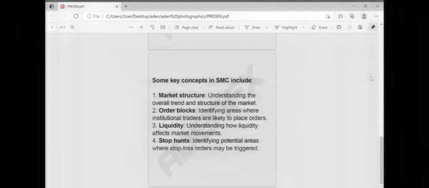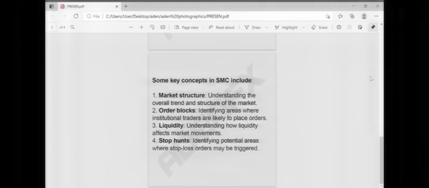Then order blocks: identifying areas where institutional traders are likely to place orders. It's like the example I gave, knowing when the lady will pass a particular area and when she's coming back. At this point you are like a hunter. Then liquidity: understanding how liquidity affects market movement.